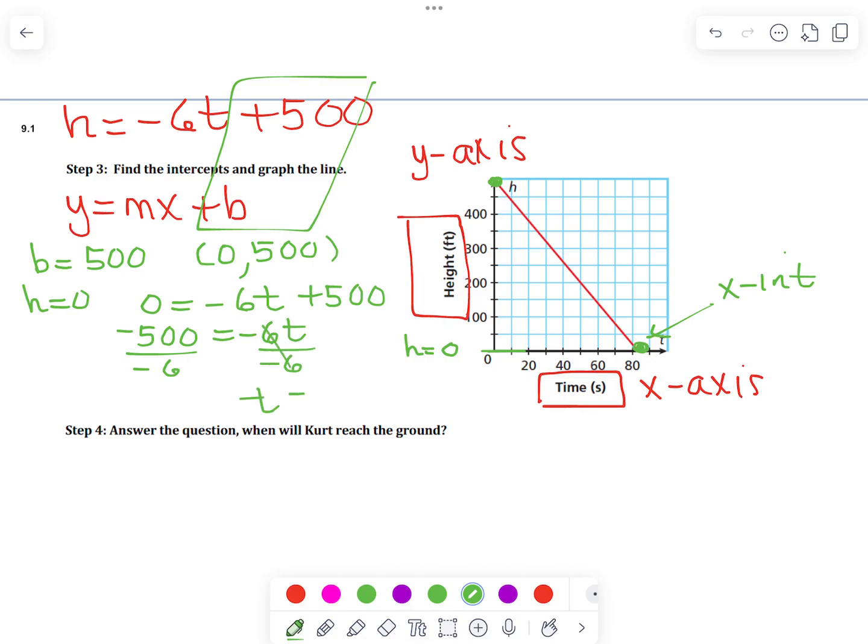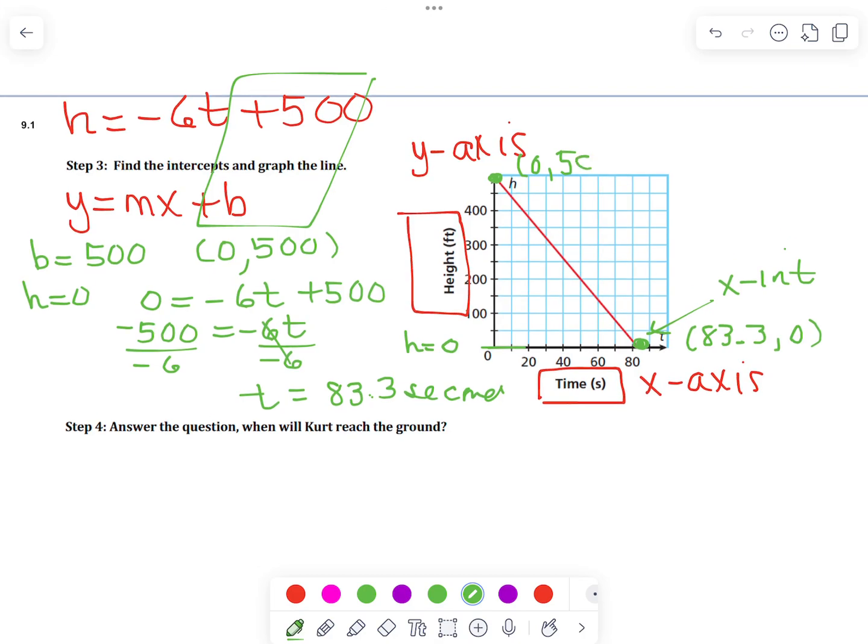So our time is approximately 83.3 seconds. So this is our x-intercept, and this is our y-intercept. And then we connect the 2 points, creating that line.